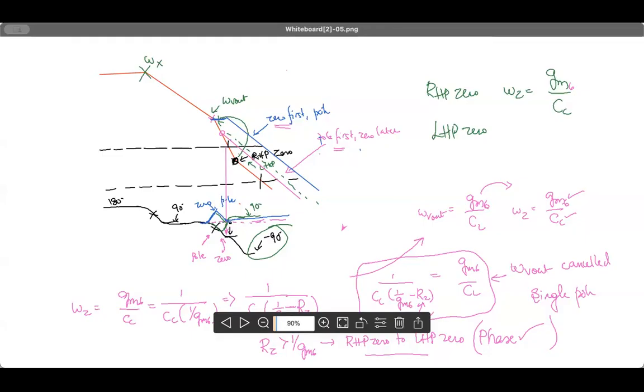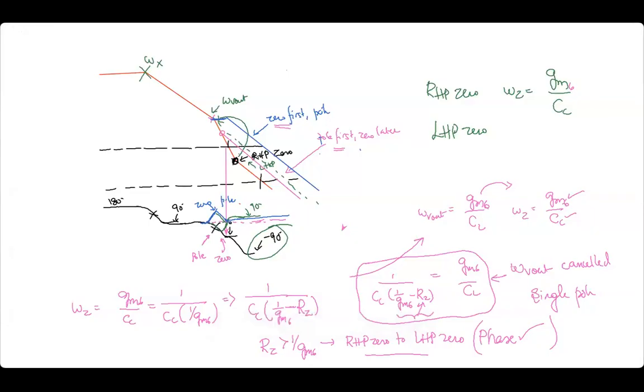The phase which is supposed to fall at the pole location immediately recovers and then it settles to plus 90 degree. If you look at the UGB, you will see that it's always plus 90 degree of phase margin that we have. So all the time, a right half plane zero is not good. A left half plane zero is good.